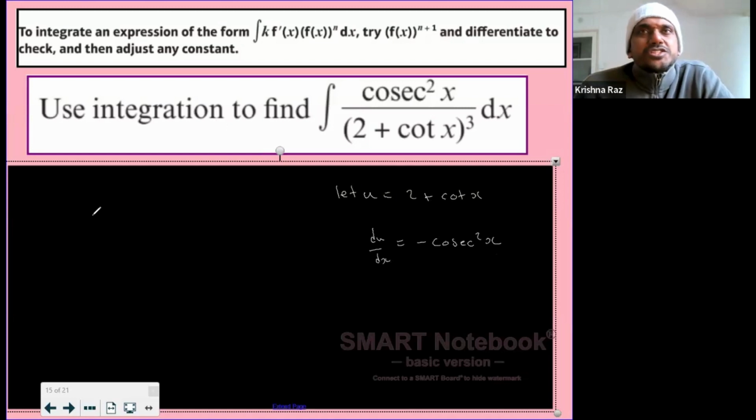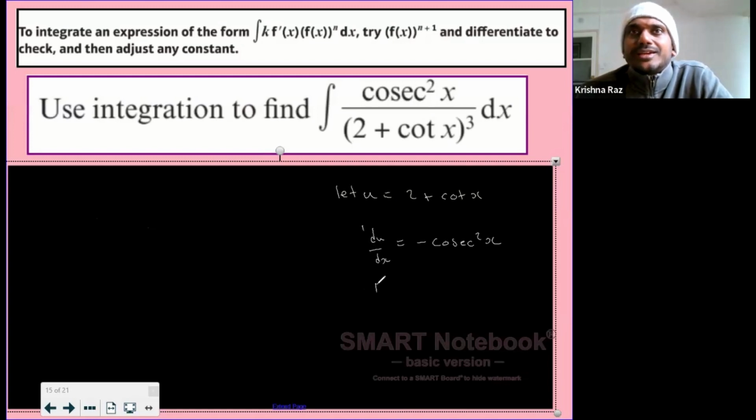If not, you could always check it by using the quotient rule. You know that cot x will be cos over sine. So we could use the quotient rule to differentiate that, and with u and v, we'd use vu dash minus uv dash all over v squared, and we'd end up with minus cosec squared x. Anywho, that's not what we're here for, so I'll stop going off on the tangent.